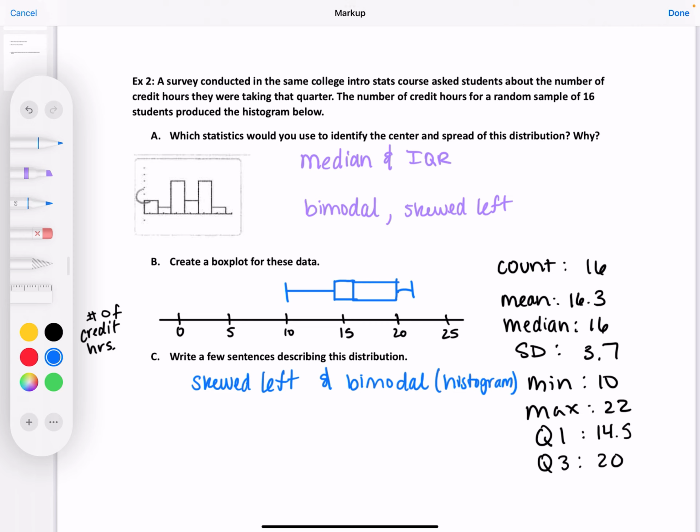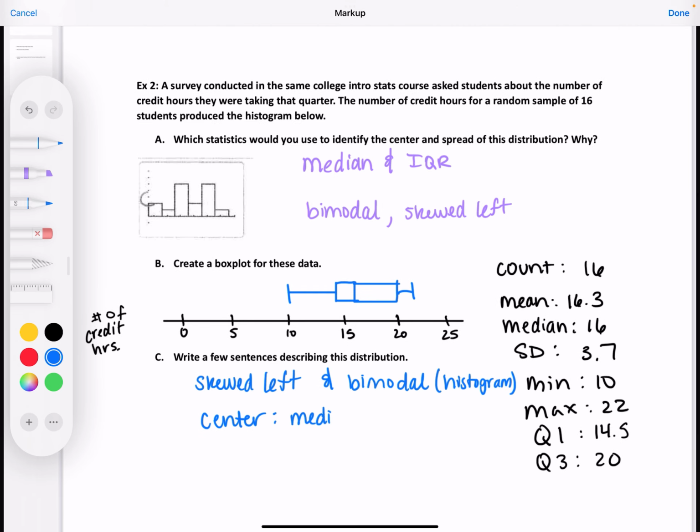Our center is what? Median. Okay, which is what? Well, the median, sorry, I mean, what is the median value, with units? 16.